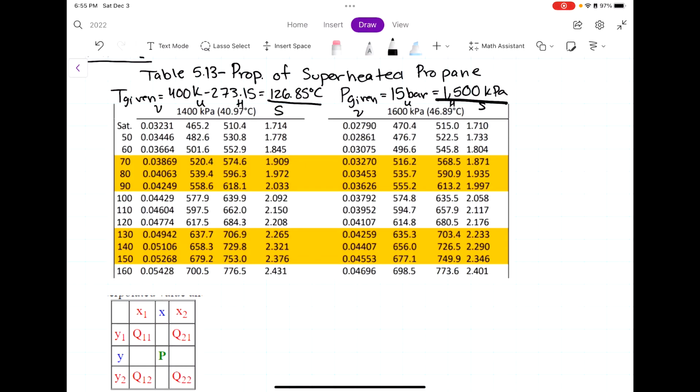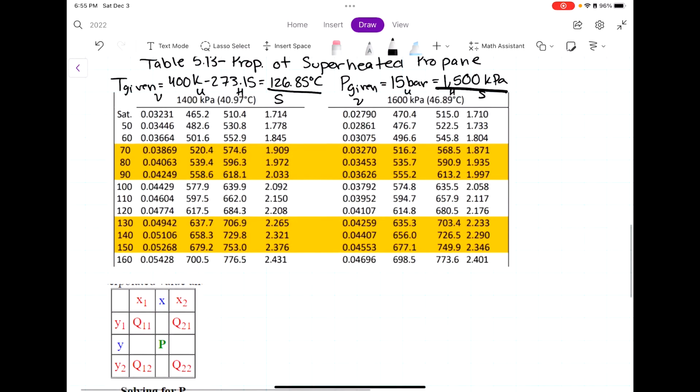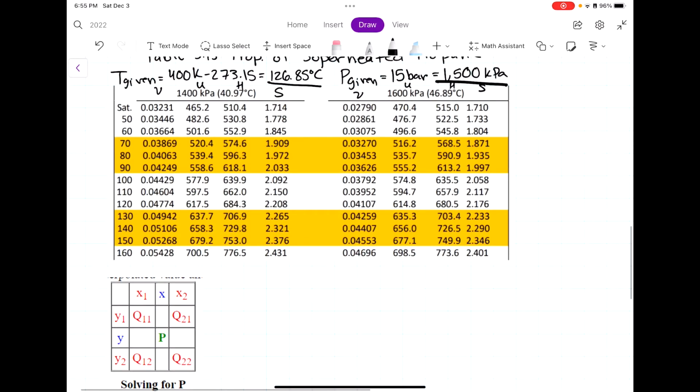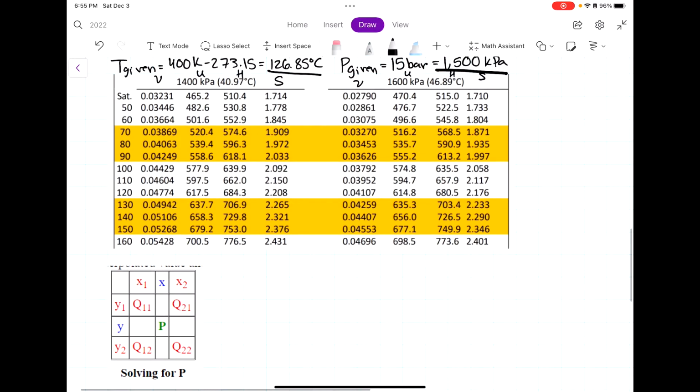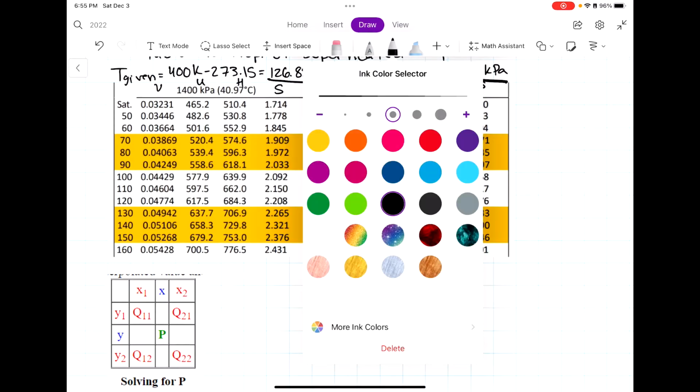However, we do have information for 1,400 kilopascals and 1,600 kilopascals. So we're probably going to have to do some sort of interpolation in order to figure out those values in between. And also, unfortunately, we are not given the temperature at 126.85 in our tables.